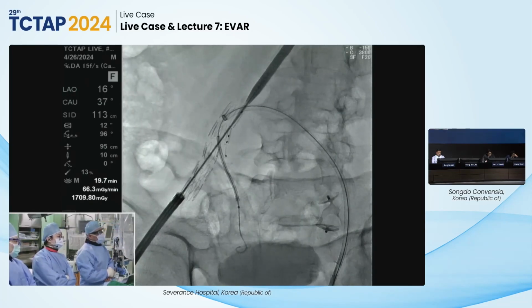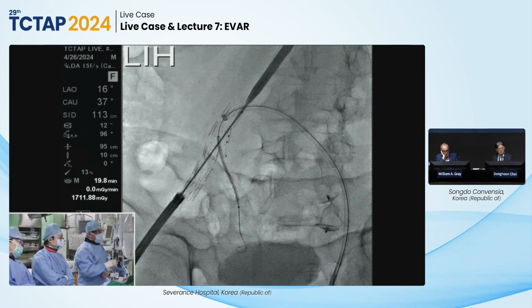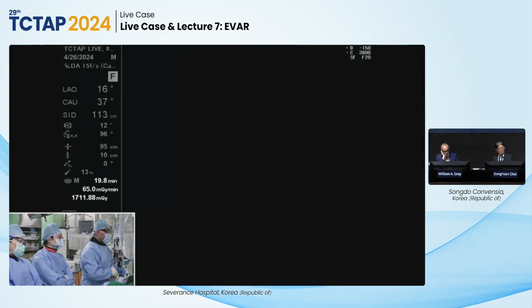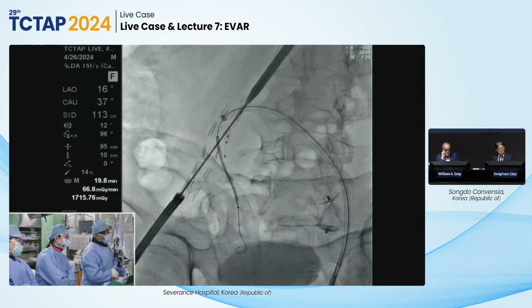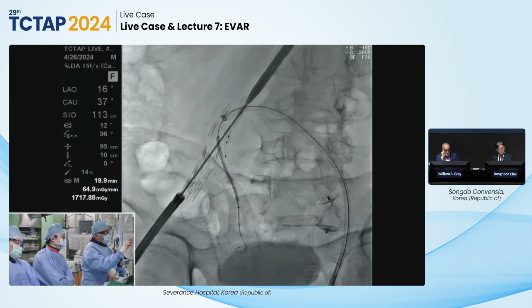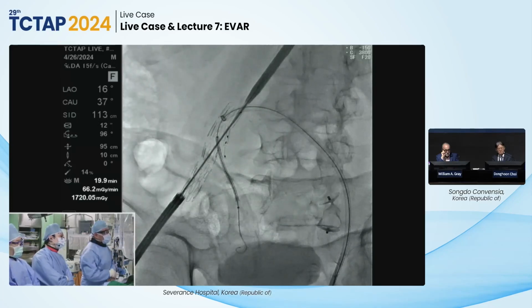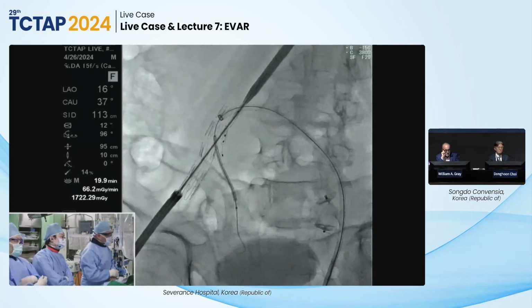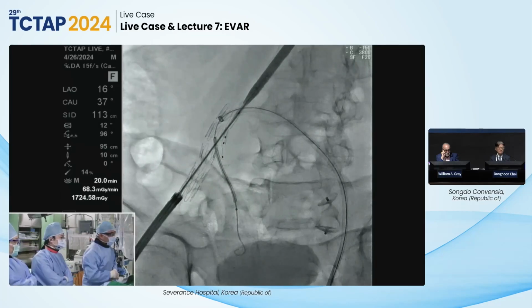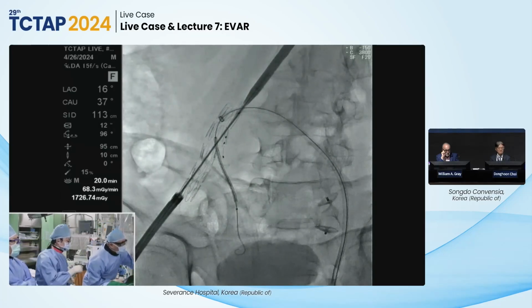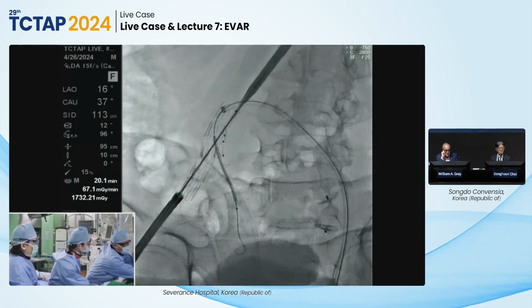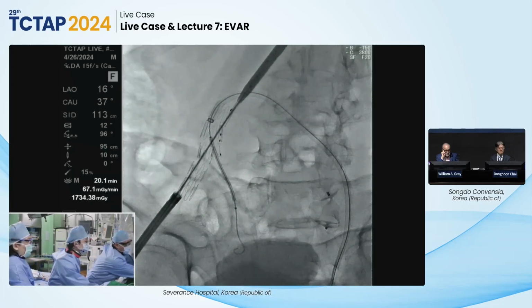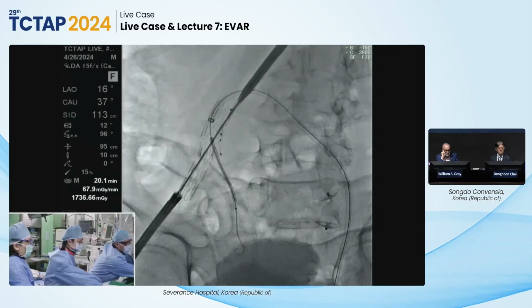The position of the B graft, the proximal marker of the B graft, should be between the second and third marker. So I think the position of the B graft is okay. Maybe I can push a little bit more. Yeah, I think this is good.